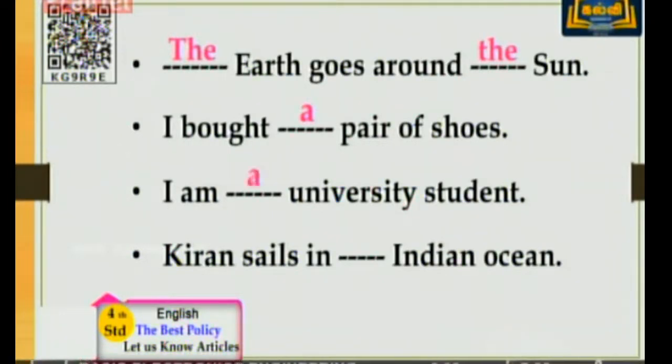I am a university student. Coming to the next one, Kiran sails in dash Indian Ocean. See, I told you for the oceans, rivers and lakes, which article should be used? The article used there is the. Yes, you got it right. Kiran sails in the Indian Ocean.